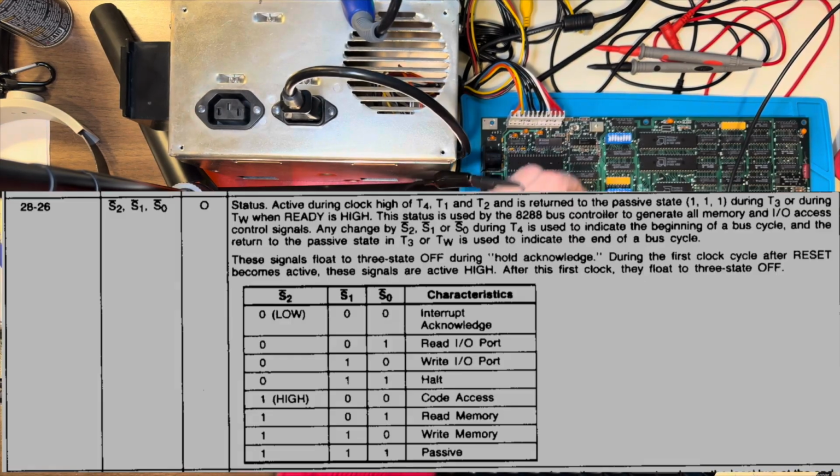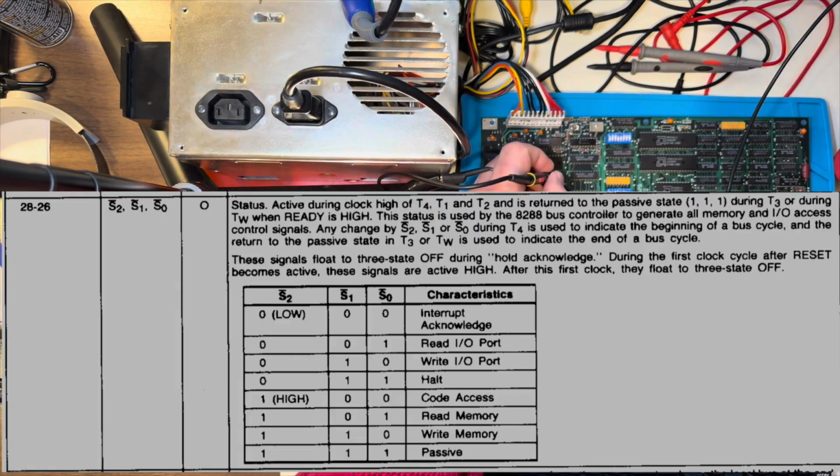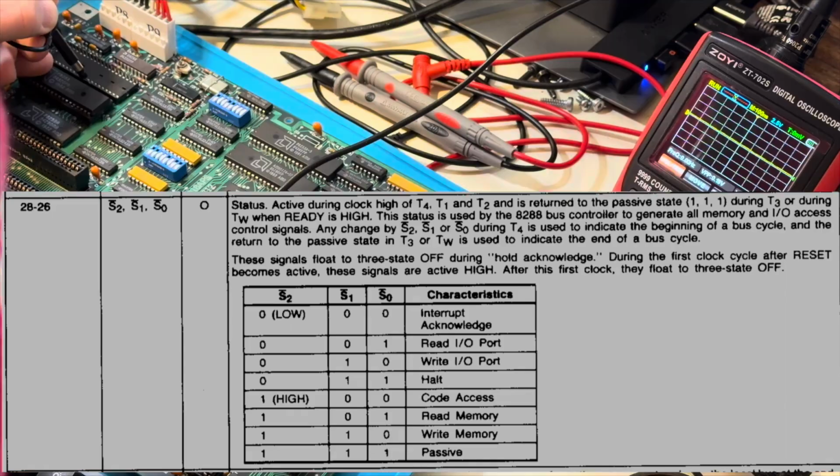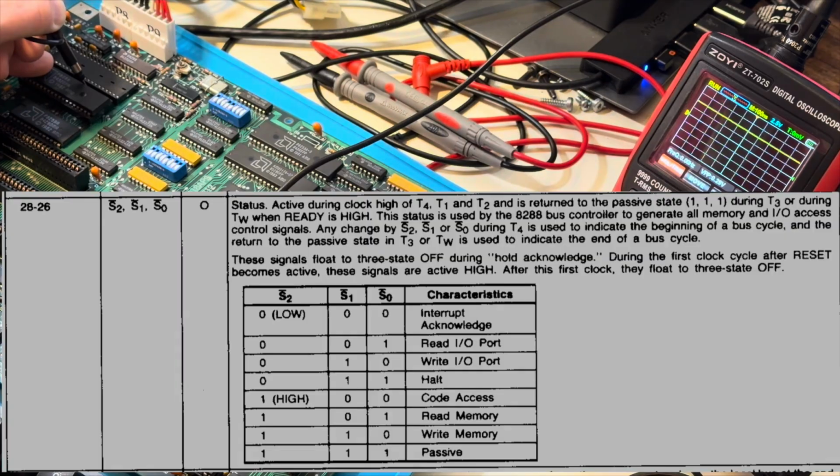So pin 26. Again, we have 21, 22, 23, 24, 25. Pin 26 is high. That's the S2. And then pin 27 is also high. And then what do we have for the final pin? 28 is also high.